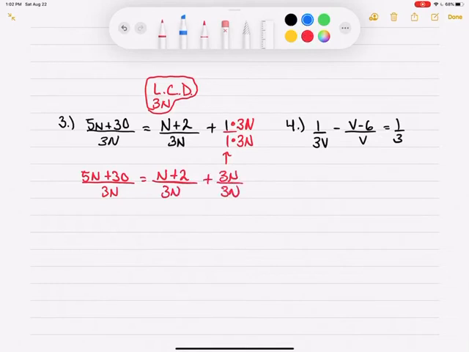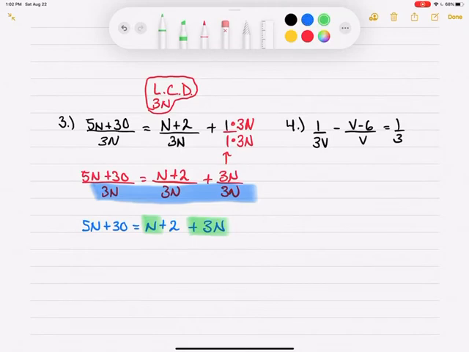Now all of my denominators are the same, so I'm going to ignore them and worry about the numerators. 5n plus 30 equals n plus 2 plus 3n. On the right side, I have some like terms that I can combine. I can combine the n and the positive 3n. This will leave me with 5n plus 30 equals 4n plus 2.